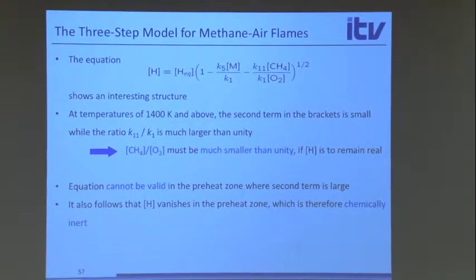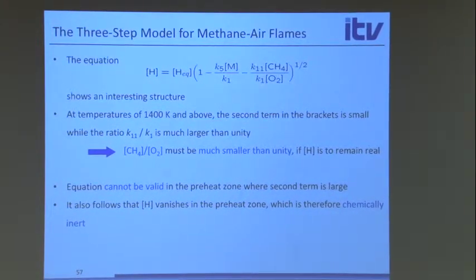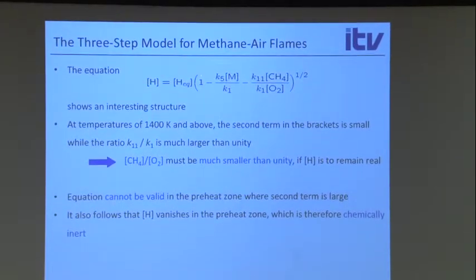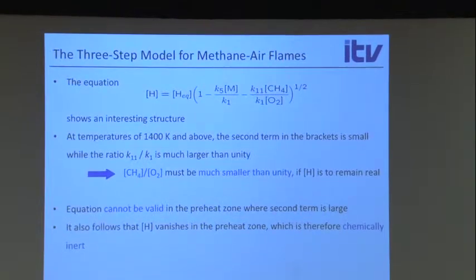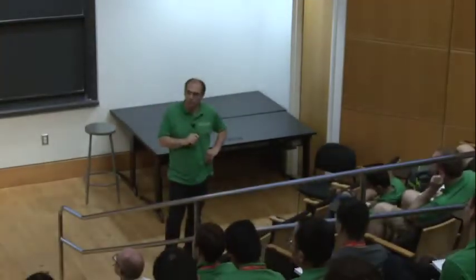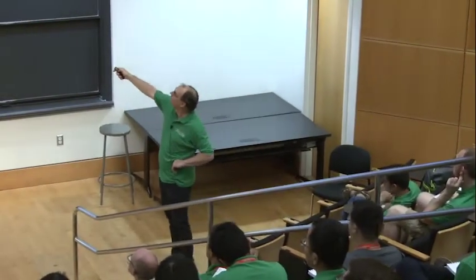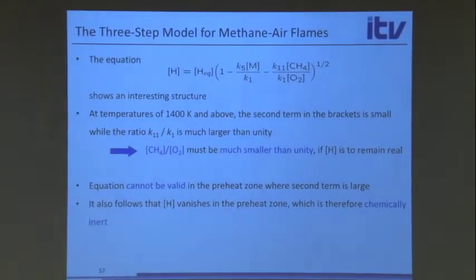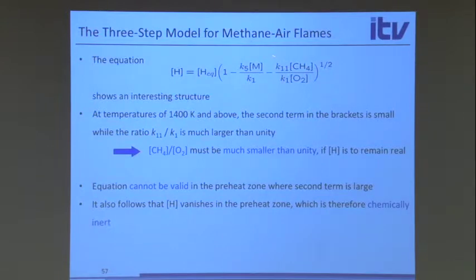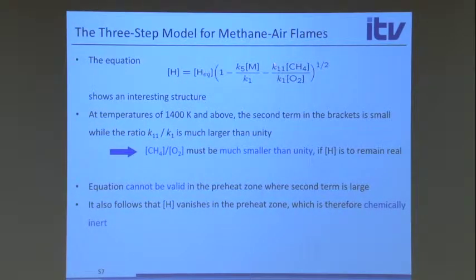What does this mean? If this ratio here is very large, you see this is 1 minus this term and the square root. So you only get a real solution if this term here is smaller than 1, okay? Which means if K11 divided by K1 is very large, then this here must be very small.